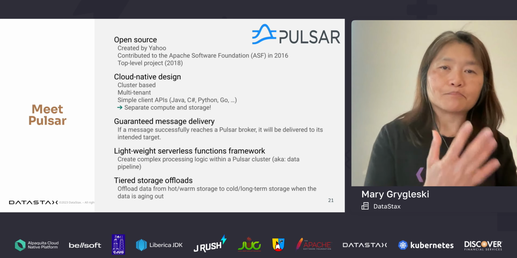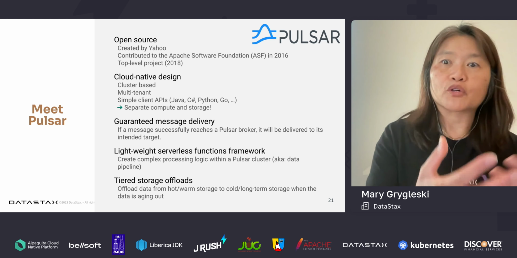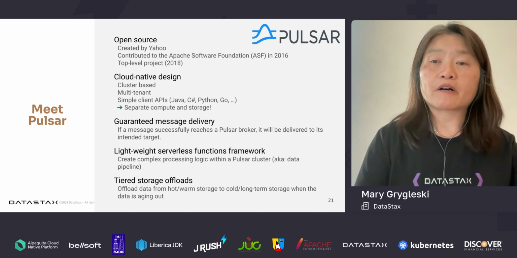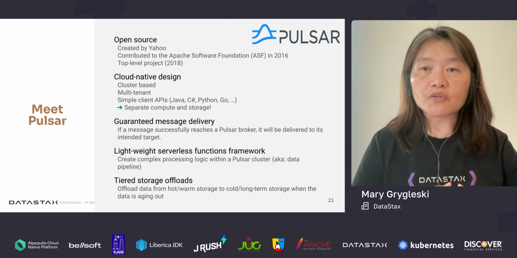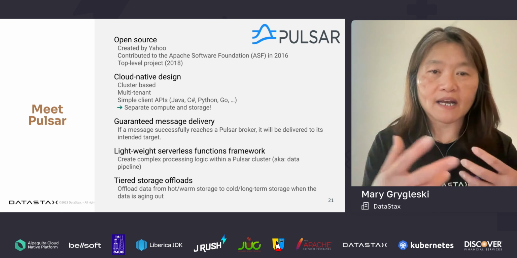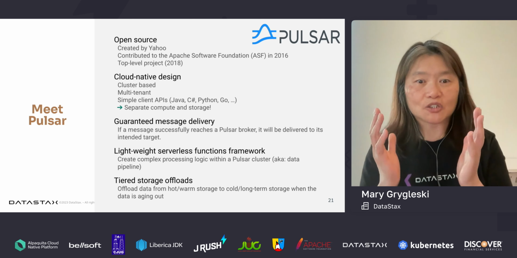For example, simple filtering or complex filtering, or looking up some database for your data and do further processing and then send it downstream. So Pulsar has this Pulsar functions framework and it's also very energy efficient too. So think of it that way, lightweight, right? And write once, deploy it, and Pulsar infrastructure will take care of things for you in the cloud. So that's essentially what it is.